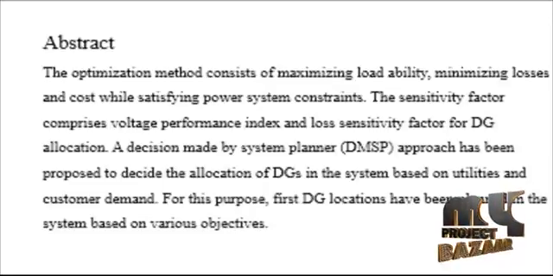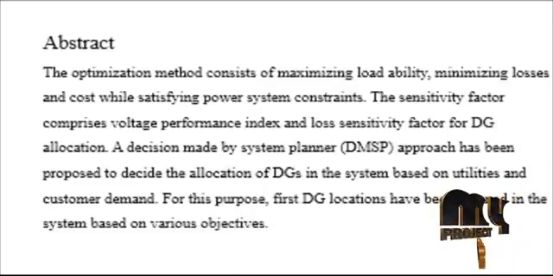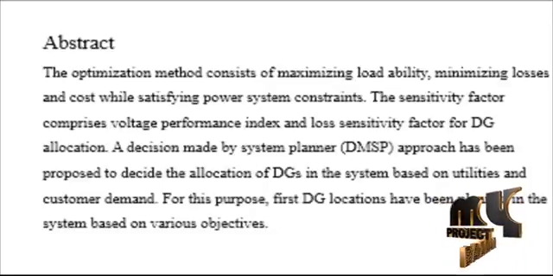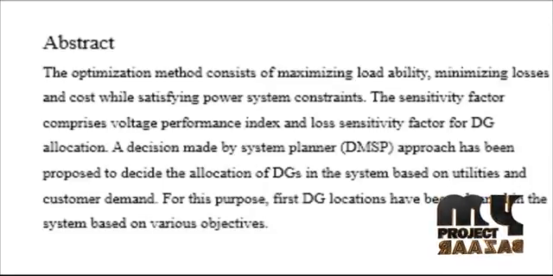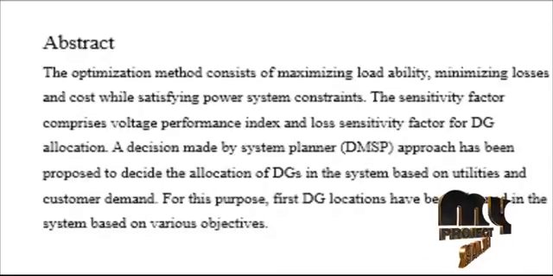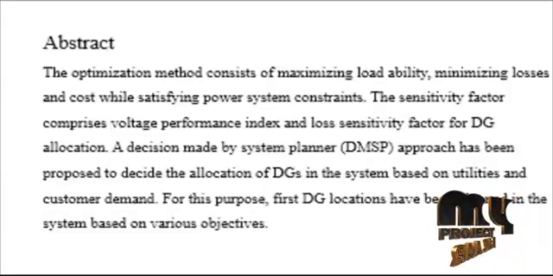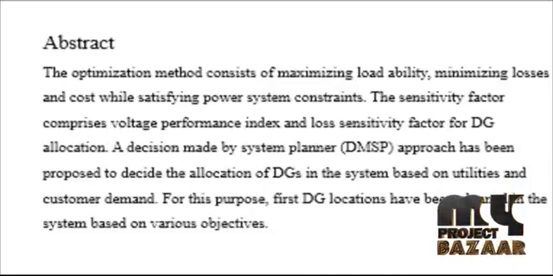For this purpose, a set of optimization functions and sensitivity factors has been developed for allocations of DGs in the systems. The optimization method consists of maximum loadability, minimum losses, and cost while satisfying power system constraints. The sensitivity factors comprise the voltage performance index and low loss sensitive factor for DG allocations.